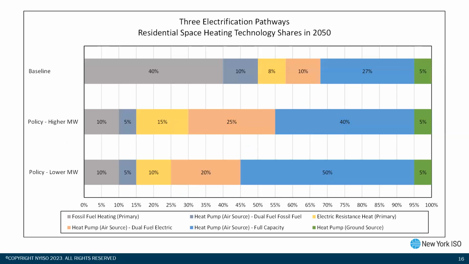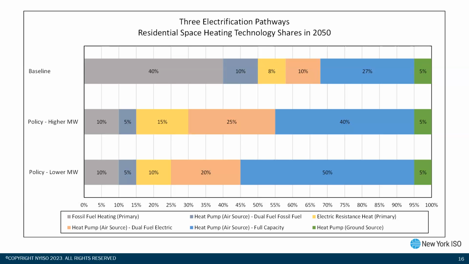We had 3 scenarios. We developed a baseline with 40% fossil usage and 60% of the homes with some form of electric heating technology. And then we had 2 policy cases where only 10% of the homes are heated by some form of fossil.